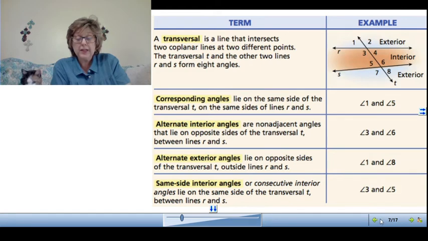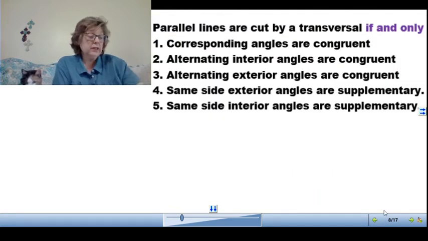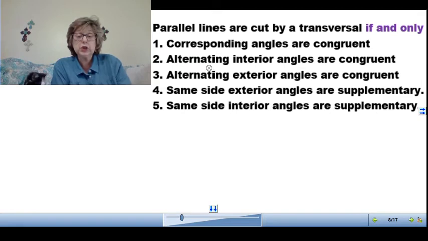Now, anytime we're dealing with angle pairs cut by a transversal, it's an if and only if, which means these are biconditional statements. If corresponding angles are congruent, then two parallel lines are cut by a transversal. And if parallel lines are cut by a transversal, then corresponding angles are congruent.